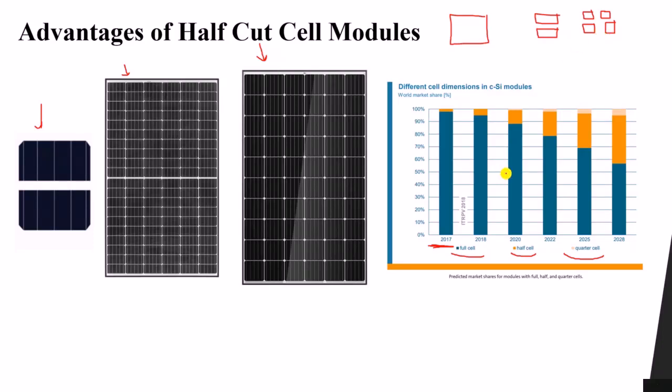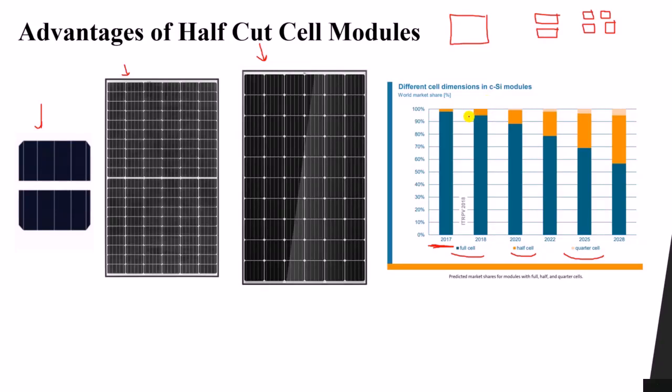Now, as you can see, in 2017 you will find that most of the panels in the market are full cell, very large full cell, and a very small portion of the market is for the half cell, and the quarter cell does not exist. In 2018, you will find that the market share for the half cell just increased a little bit.